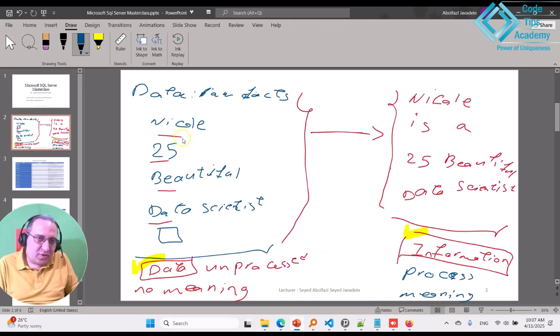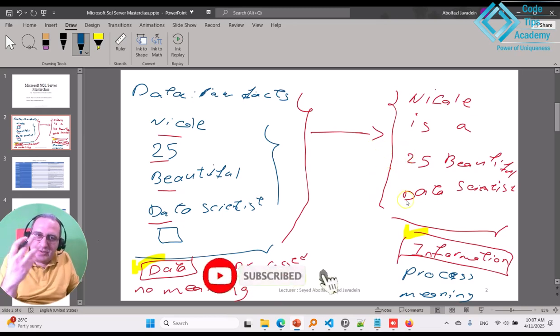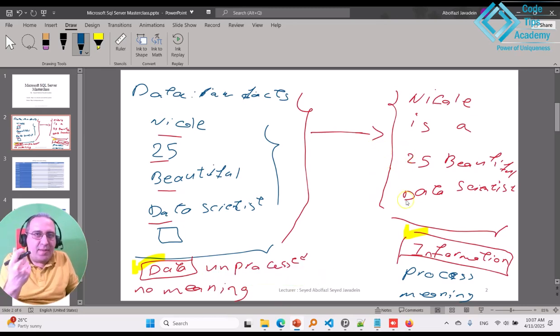As you can see, in the data we have some pieces of data without any relation between them, but we find some relation between these pieces of data and get information. This is a processed meaning from the data.